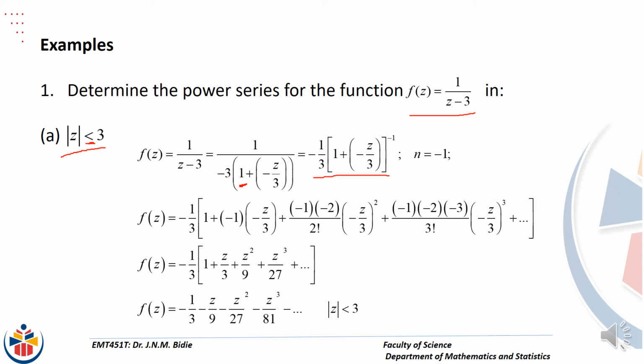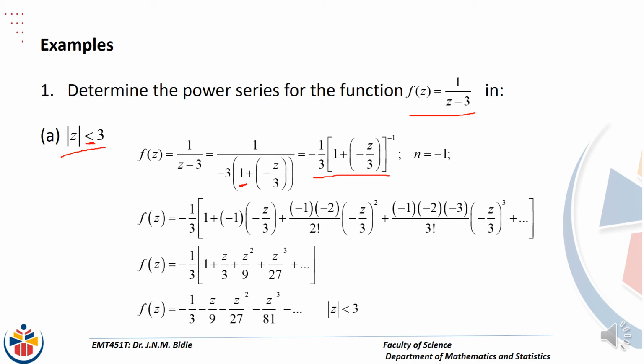Plus, you've got -1, -2, -3 in the numerator, divided by 3 factorial into -z over 3 all to the power 3 plus dot, dot, dot. Note, you need to write those 3 dots, showing us that this is an infinite series going all the way to infinity. Then simplify the terms, removing the brackets.